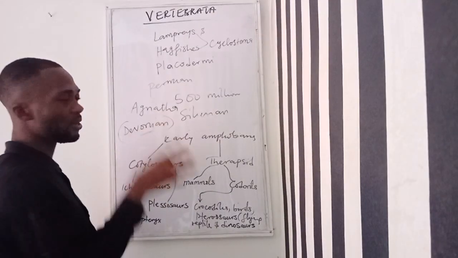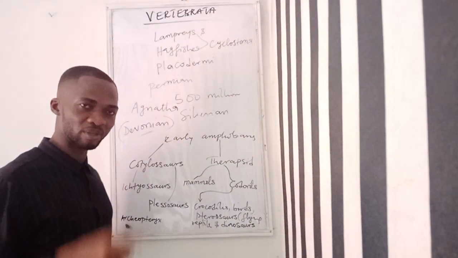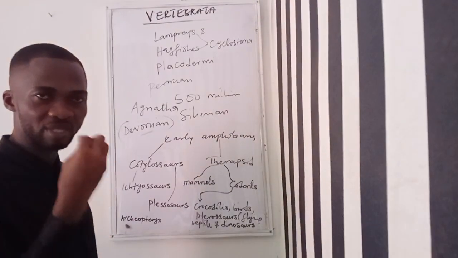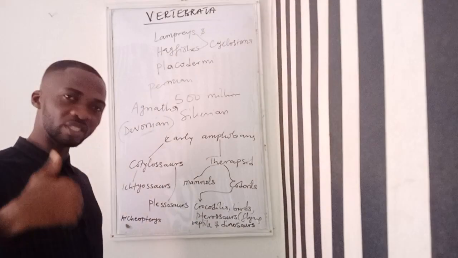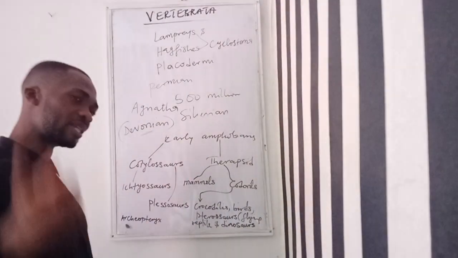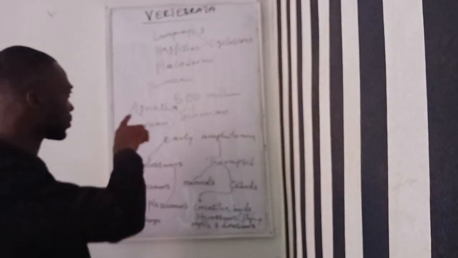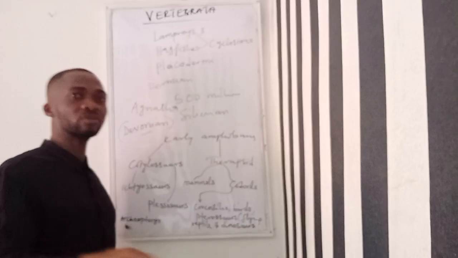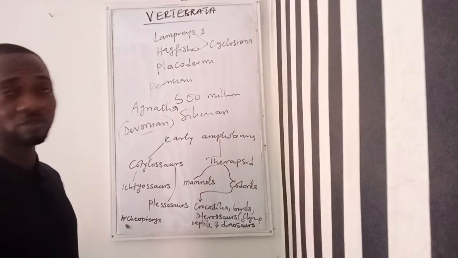That means that the Placodermi were the ancient fishes to evolve with jaw. So they were called jaw fishes, whereas Agnatha were the jawless fishes. But don't forget that they also went to extinction towards the time of the Permian era.